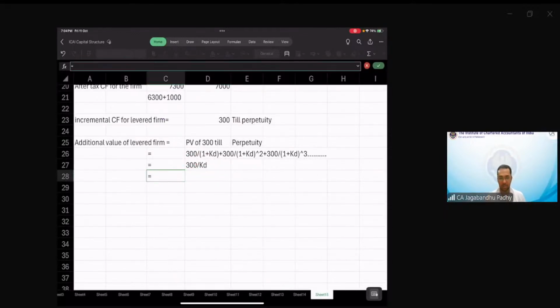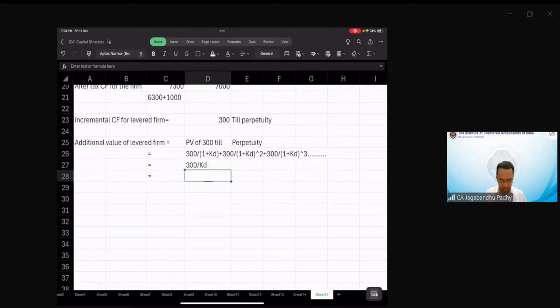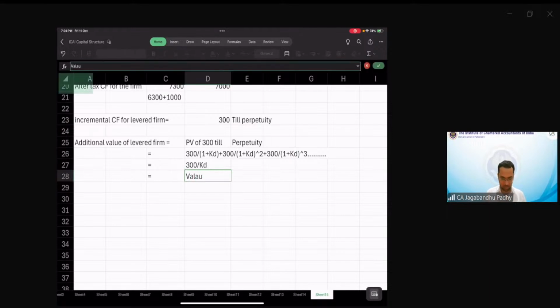Now I can just expand it a bit. How did we get this 300? This 300 was simply the value of debt multiplied by, can I say this particular number is interest divided by KD.